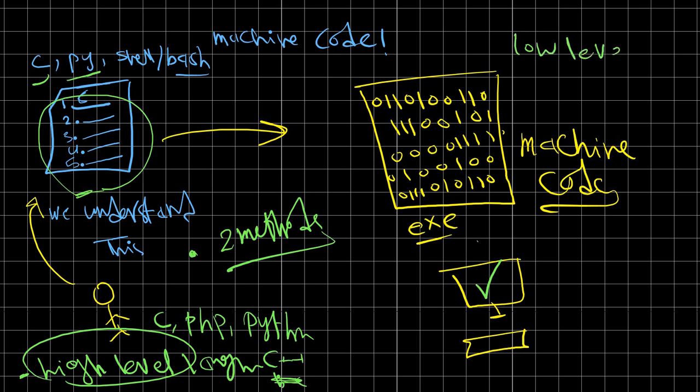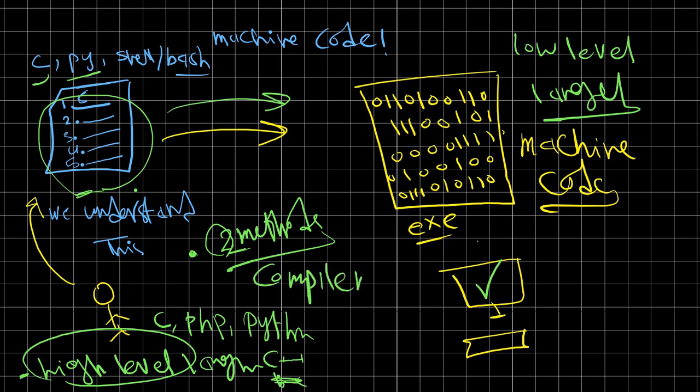So we have two methods to transform a high level language code to a low level language, machine code, which the computer understands. So we have compiler and interpreter. What is the difference between them and how are they working? Let's go to understand it.